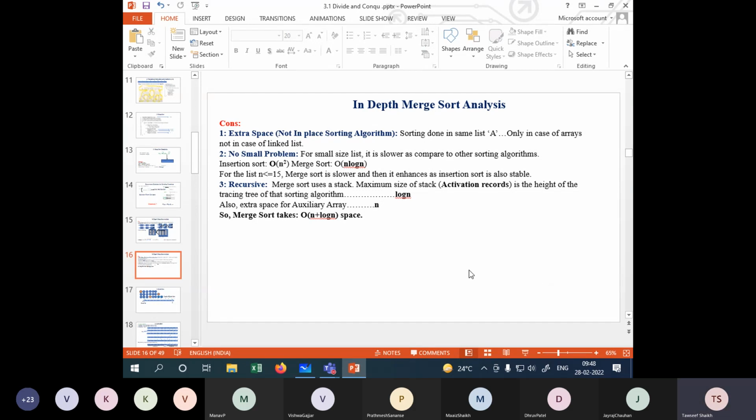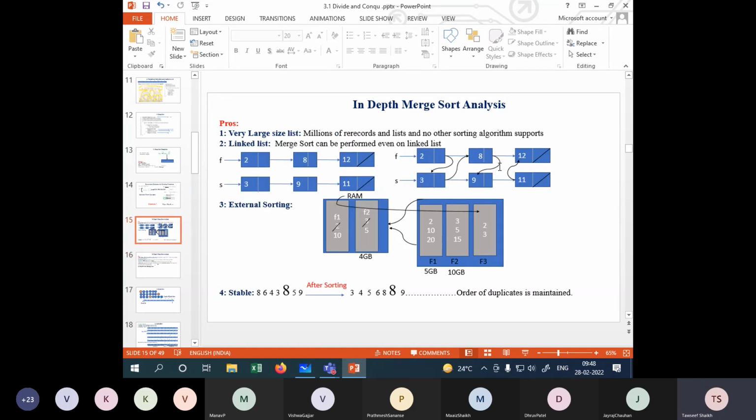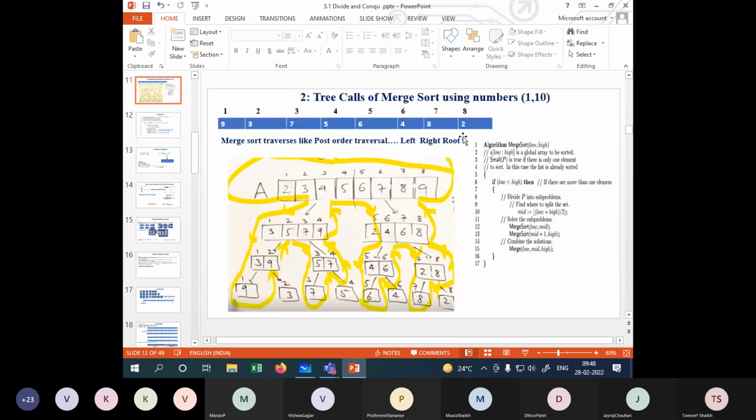In place means what? If sorting is done in the same list, if we have an array here, we take this 9 out, bring 3 here, keep this 9 here, then compare 9 and 7, take 7 out, keep it in a variable, keep 7 here, then take 9 here, which means we are sorting the elements in the same array.